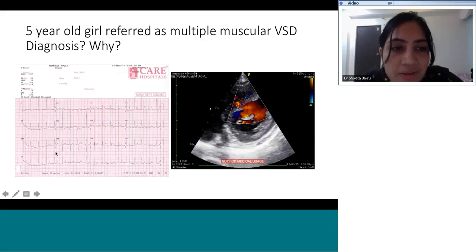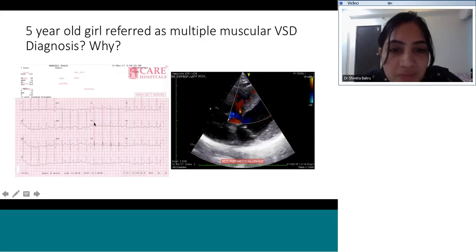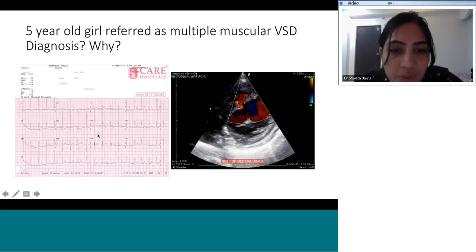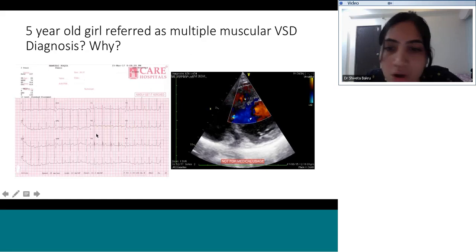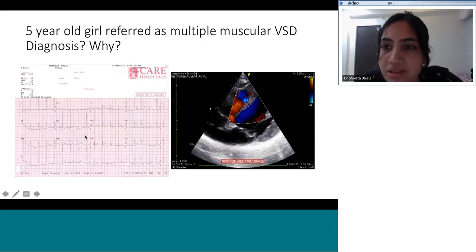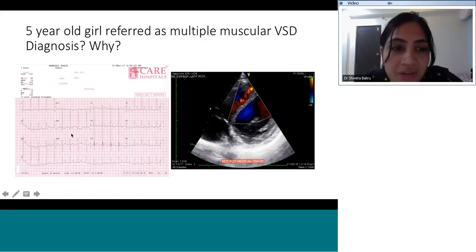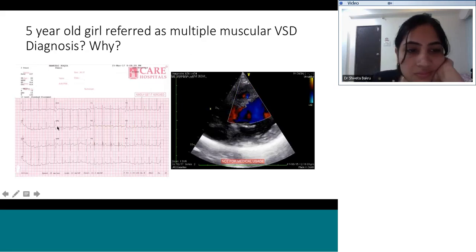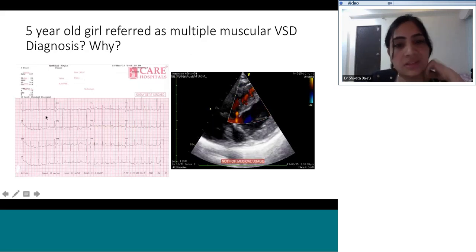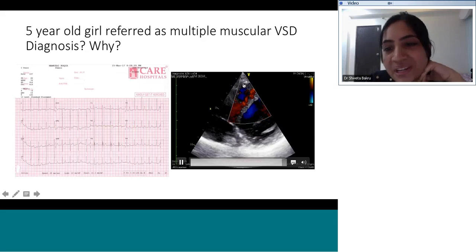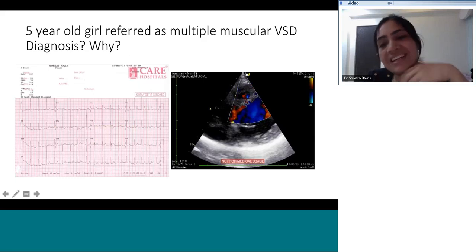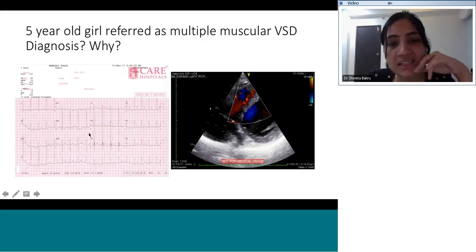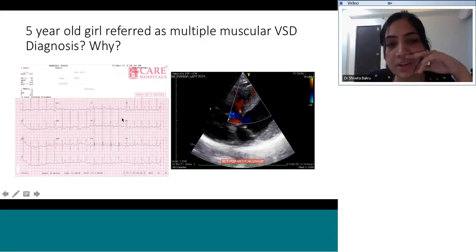Okay, ECG. Let us start with the ECG. It is a 12-lead, 4-channel ECG with normal standardization and normal voltages. What are we finding on the ECG? Is this ECG normal for a 5-year-old?